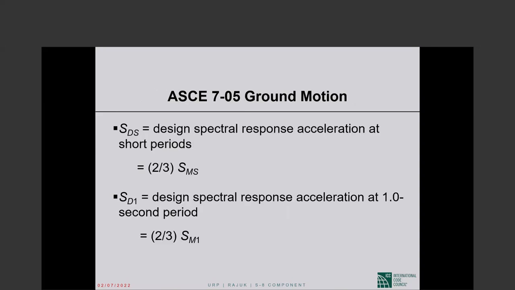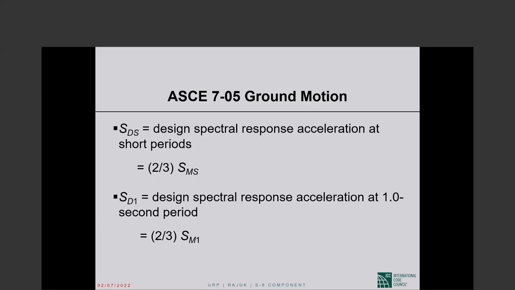Okay. And then in design, we use 2/3 of the soil modified maximum considered earthquake values. 2/3 of S sub M1 is S sub D1, the design long period spectral acceleration, and 2/3 of S sub MS is S sub DS, the design short period spectral acceleration.